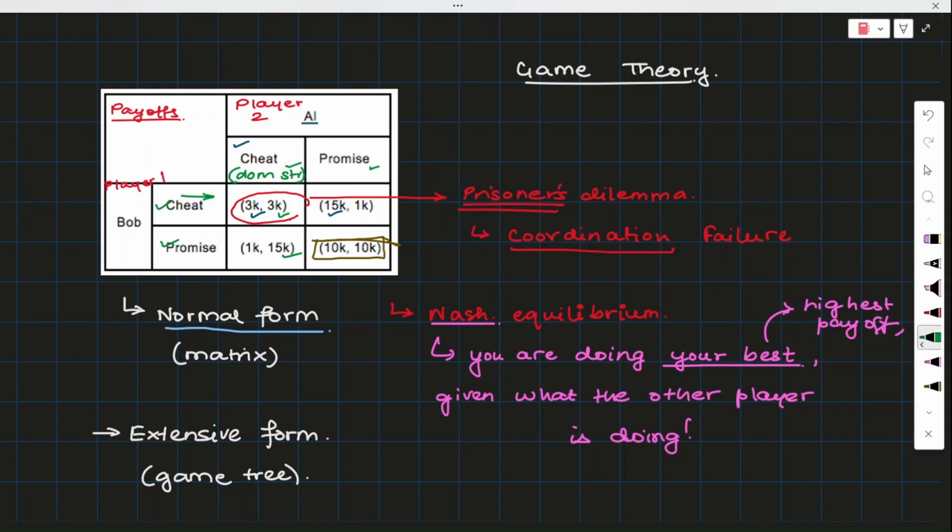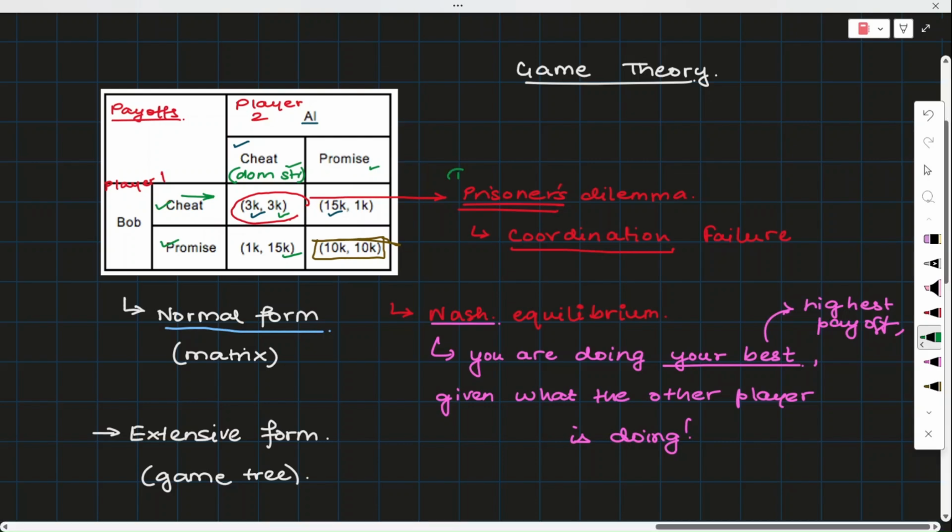The third thing that I want to mention in this regard, I'm just introducing you the basic terms, and in future consecutive videos I will take up each of these terms. So you have prisoner's dilemma, I did discuss a bit of prisoner's dilemma here as well. You have coordination failure, you have Nash equilibrium, and a fourth term that I will be discussing here, which is really pretty easy.